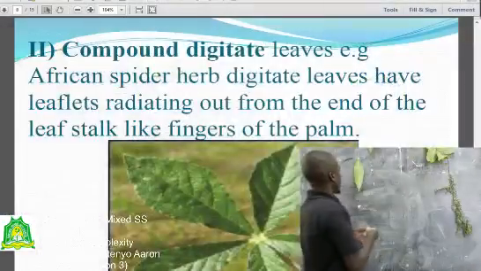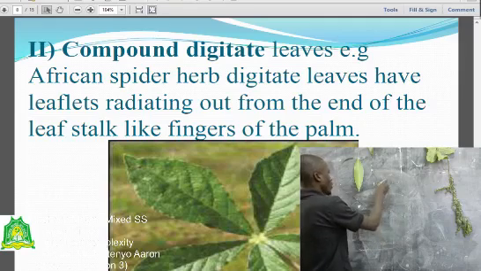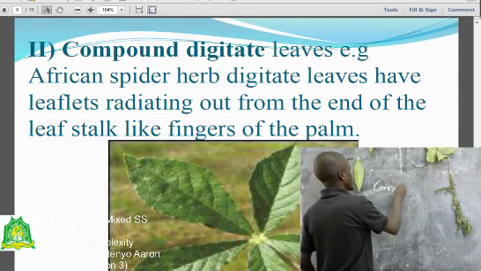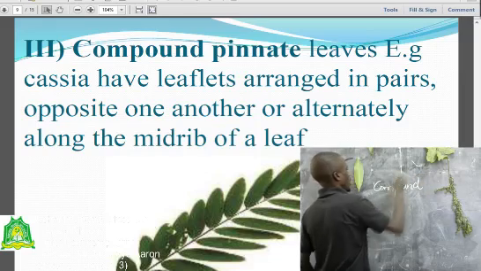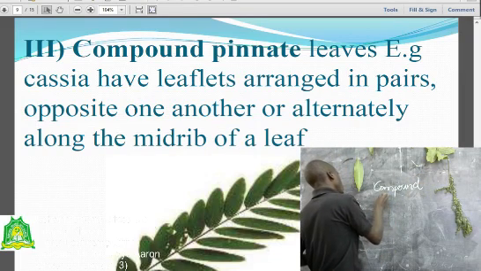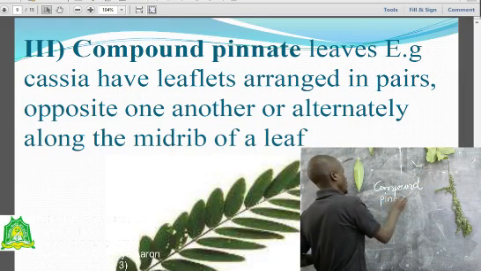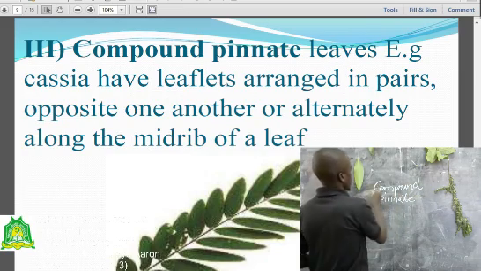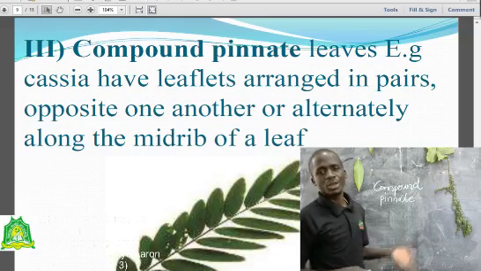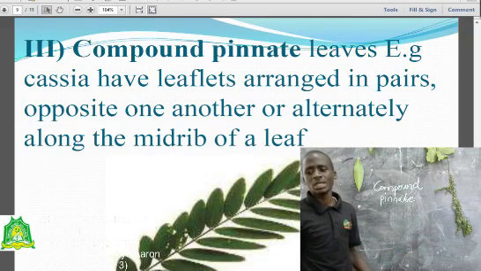Good. Then we have another one, which we call the compound pinnate. The pronunciation of this may be different. Some may say pinnate, others may say pinnate. It doesn't matter.